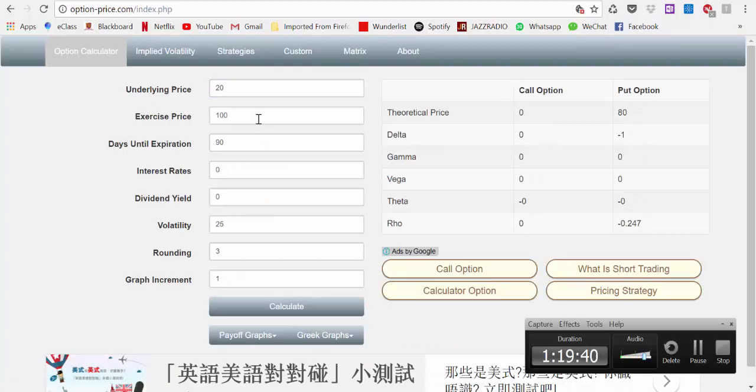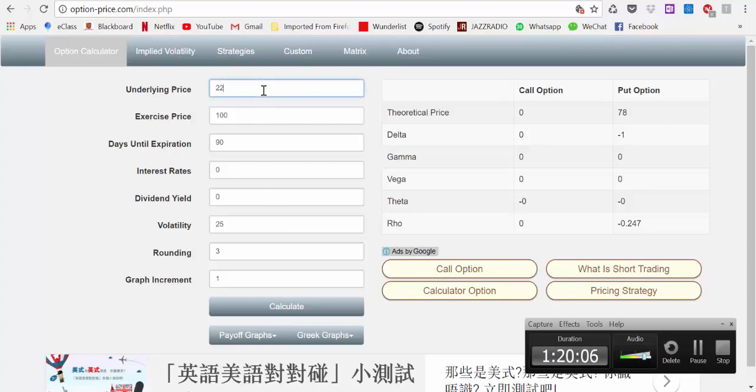It's not exactly 0, but it's very close. So when you go from 20 to 21, the delta will not move. From 21 to 22, the delta will not move, and the delta is not moving because the gamma is 0. So gamma is the parameter that determines how fast the delta is changing.